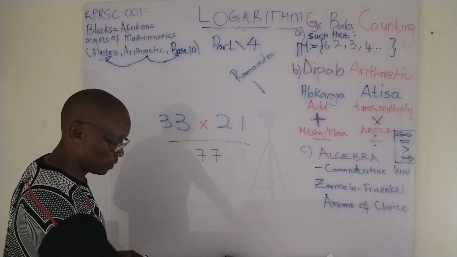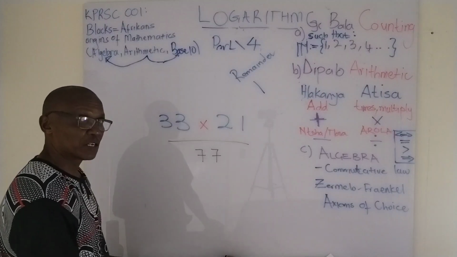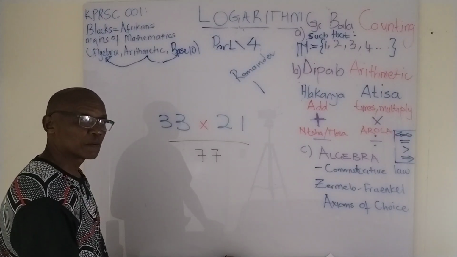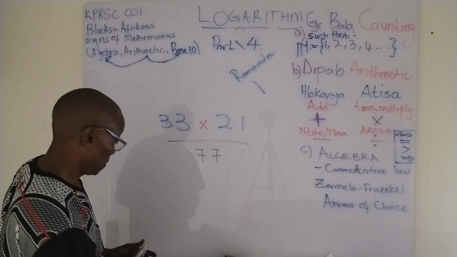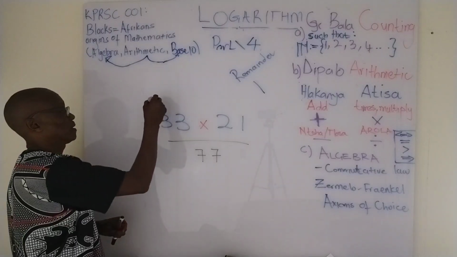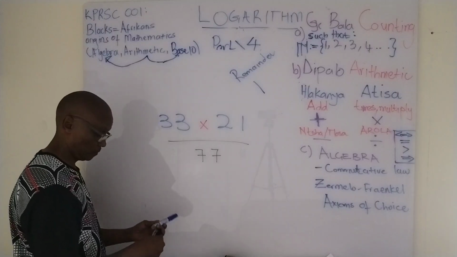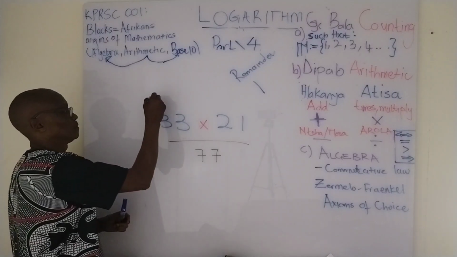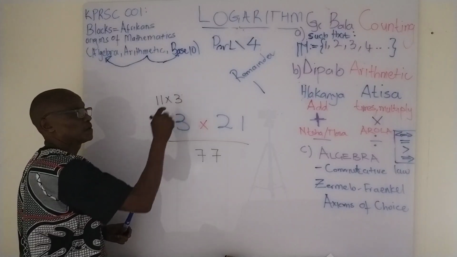Can I interest you in this before you get done? Factorize every number. Every number that you see, factorize it. You will write this as 11 times 3, isn't it?